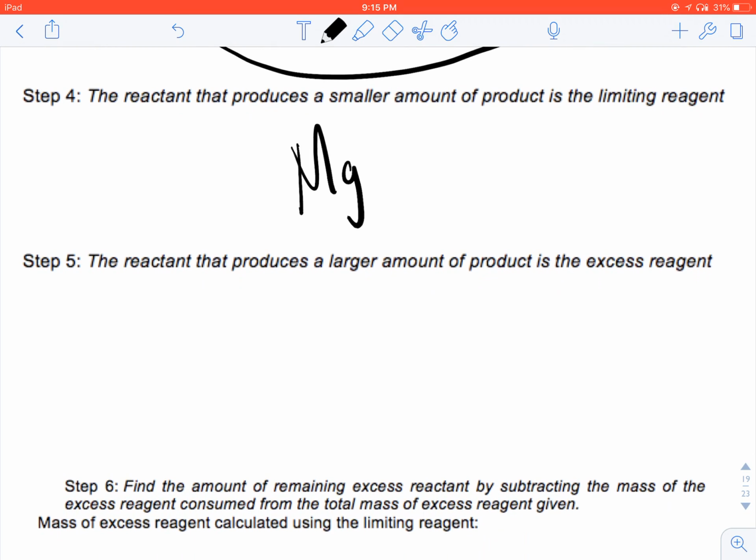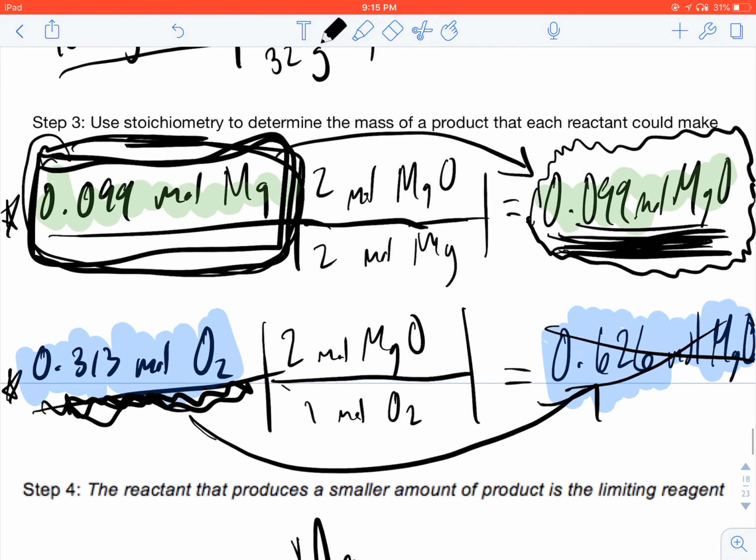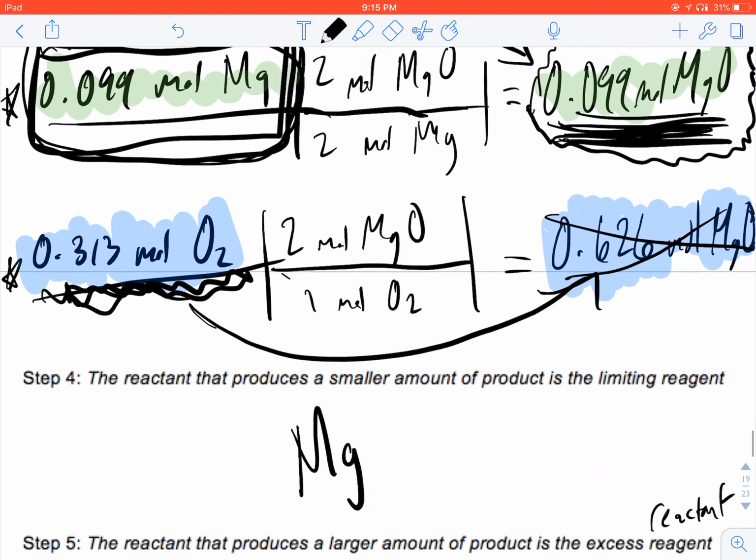Now, introducing a new keyword, excess reagent, excess reactant. That's the one that produces the larger amount, in this case. That's O2, right? And what it means by excess reactant is, well, we're not going to be using all 0.313 moles of O2 because that's more than enough, right?